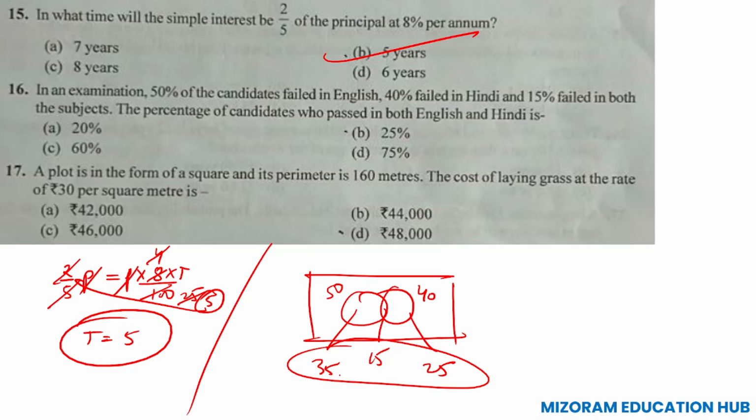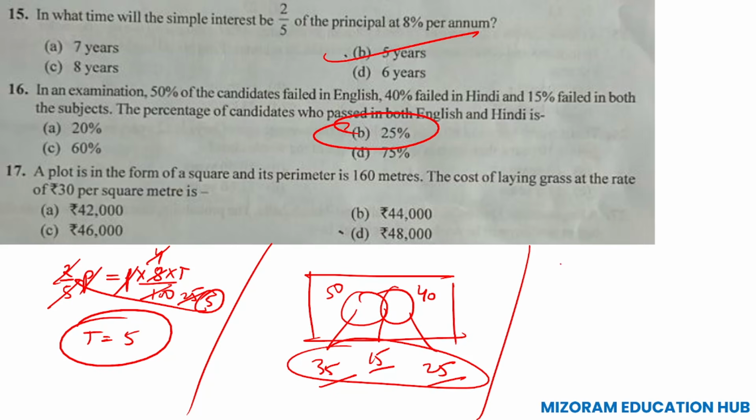So adding 35 plus 15 and plus 25 is 75. So 75% are failed candidates and passed in both will be 100 minus 75, that is 25%. Option B is the correct answer.